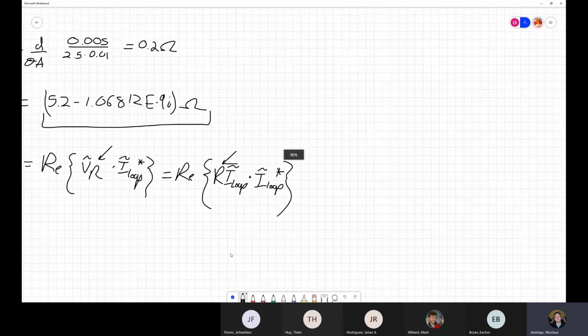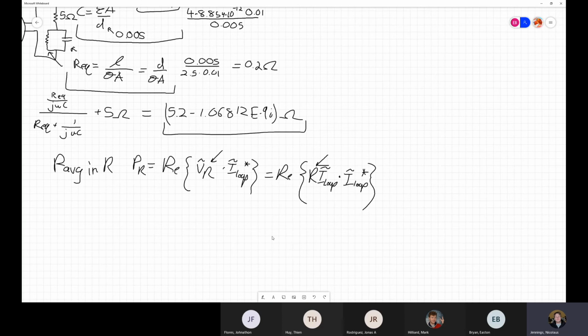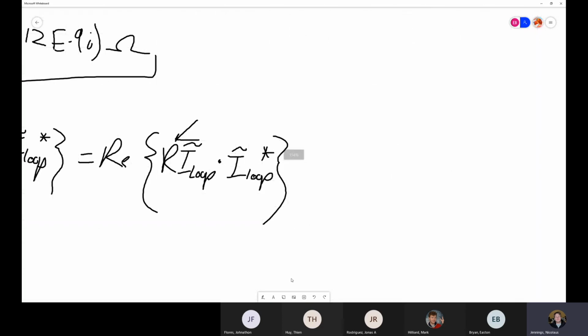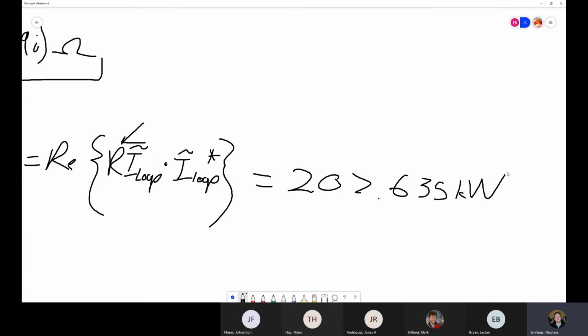This is not overall resistance. I was just solving this, guys, for figuring out how to solve for REQ and capacitance. I think you had a problem on your homework that asked for that, just to go over it. And what I got was 202.635 kilowatts.